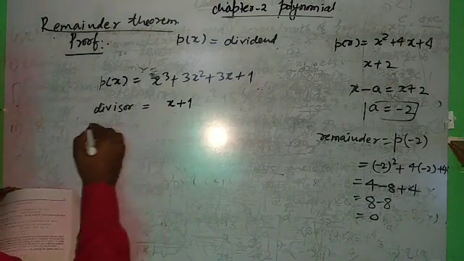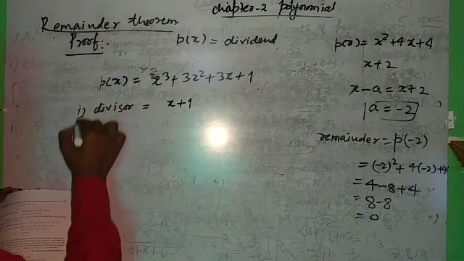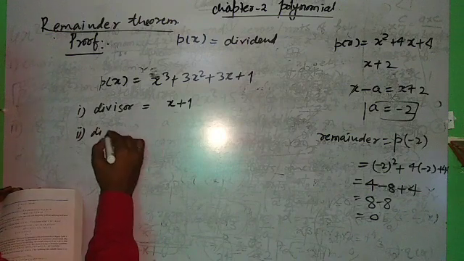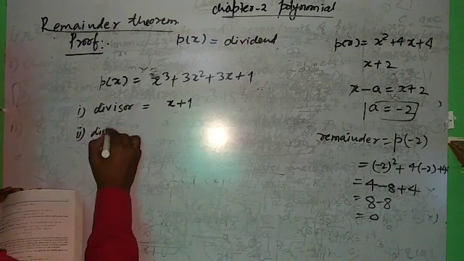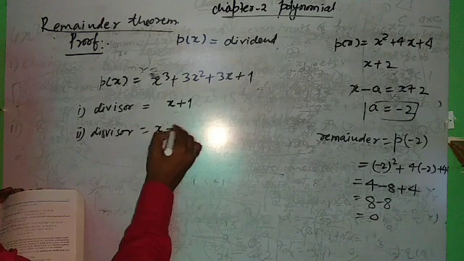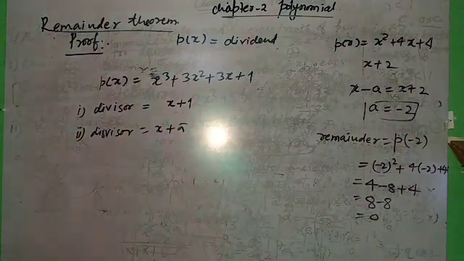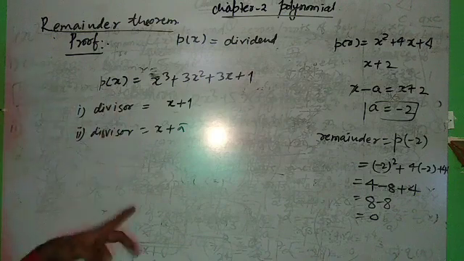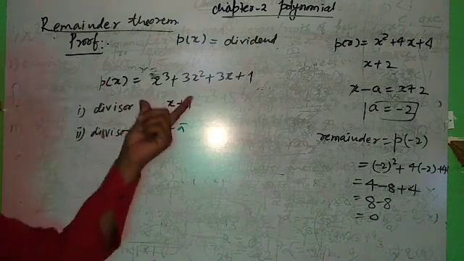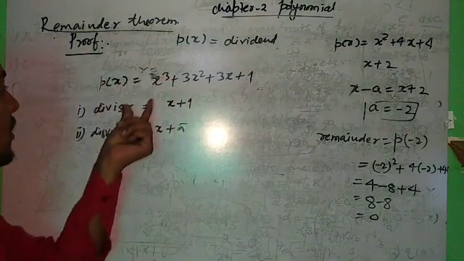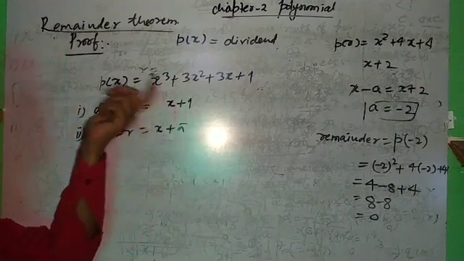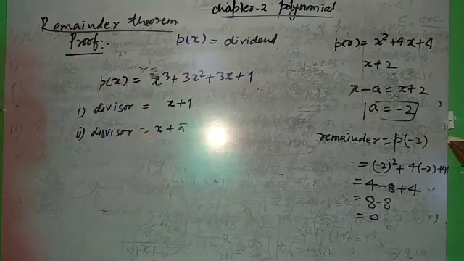Another divisor, the second divisor, is x plus pi. There are two cases. The question is asking what will be the remainder when this is divided by x plus 1, and what will it be when this is divided by x plus pi.